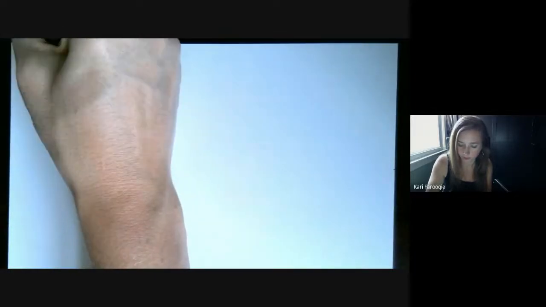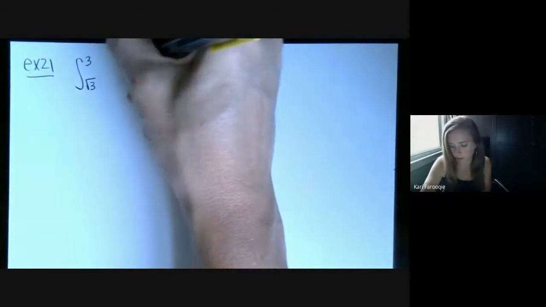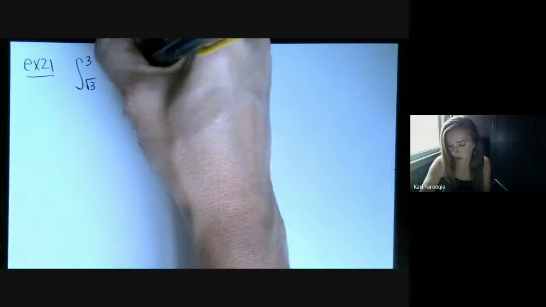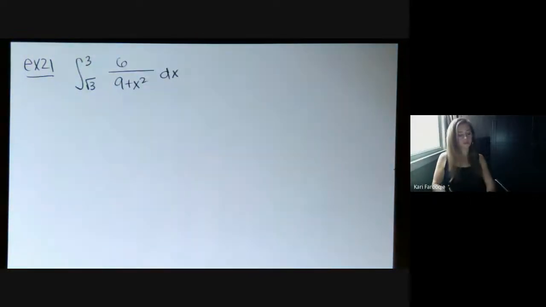We'll do one more inverse trig function. Example 21. This is the integral from the square root of 3 to 3 of 6 divided by 9 plus x squared dx.